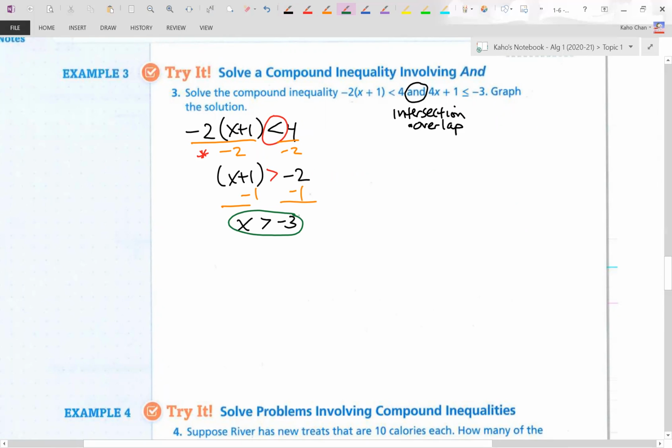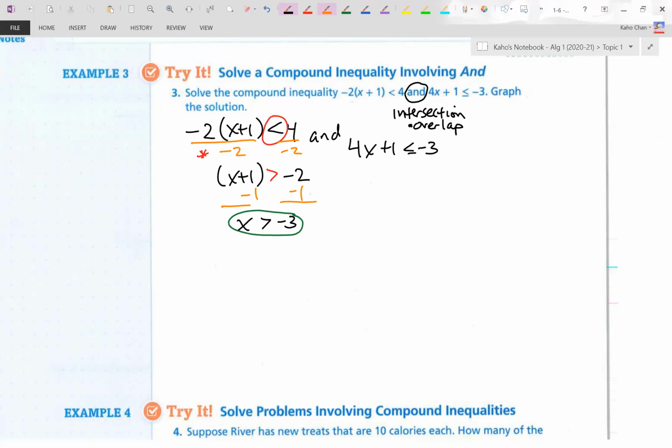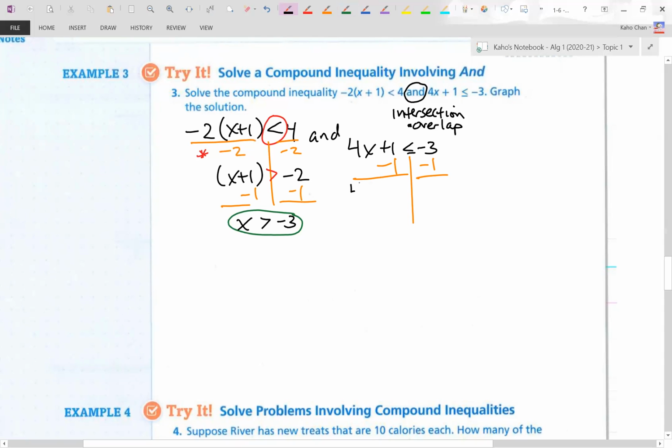All right. Let's go ahead and solve for the other half. 4x plus 1 is less than or equal to -3. Let's undo operations. Subtract 1 to both sides. -3 minus 1 is -4.